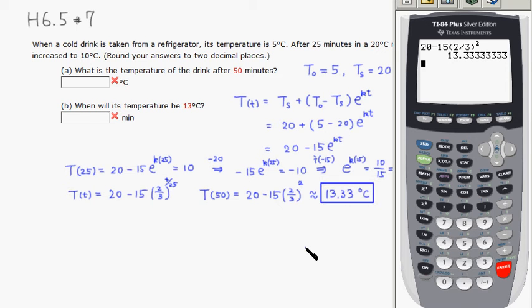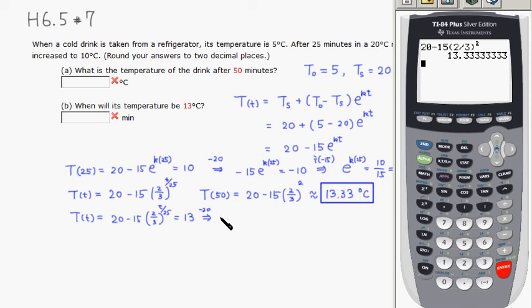So let's do part B. When will its temperature be 13? We just have to set this temperature function, T of t, which is 20 minus 15 times 2/3 raised to the t over 25, equal to 13. Subtract 20 from both sides.